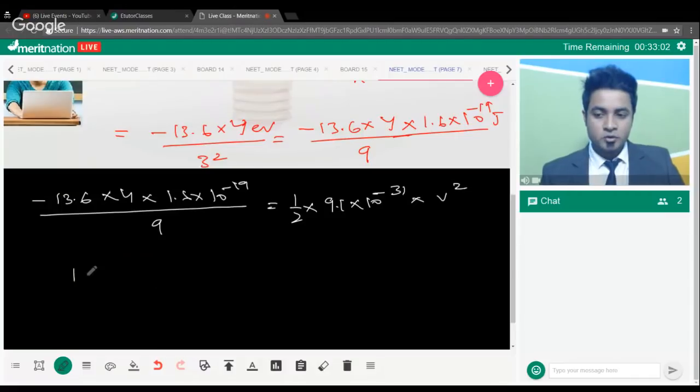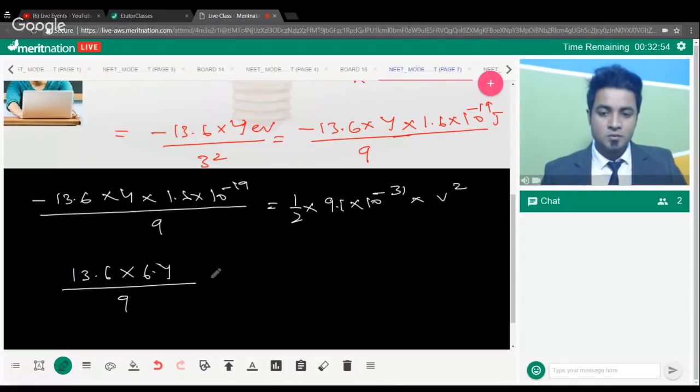Can you just calculate this long calculation? So this is going to be 13.6 into 16.4, upon 9, equals 10 power minus 19, 9.1 upon 2, you can bring this down, into v square.